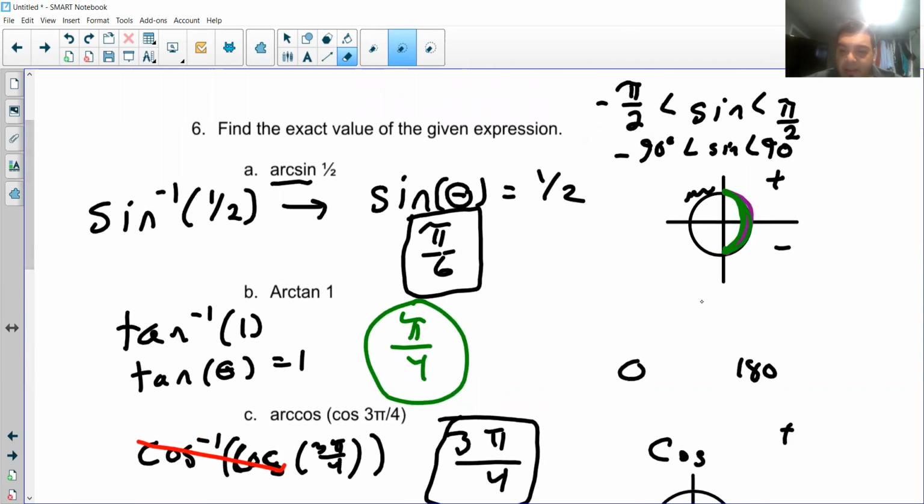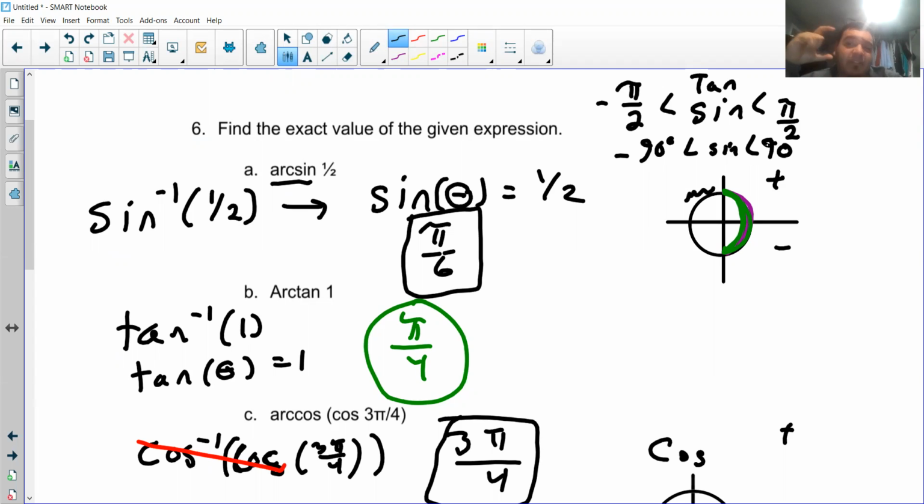And for sine and for tangent, so this also works for tangent. When we talk about the inverse, we have to limit the domain from negative pi over 2 to pi over 2, in degrees negative 90 degrees to positive 90 degrees.